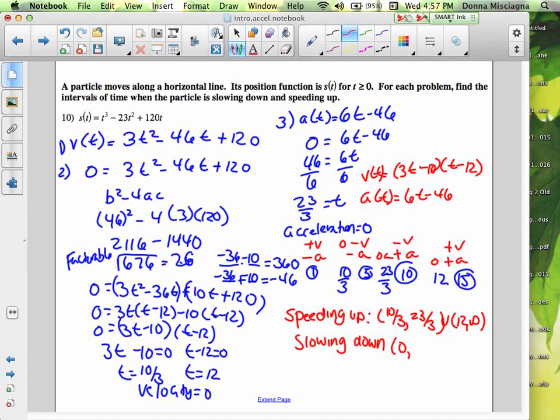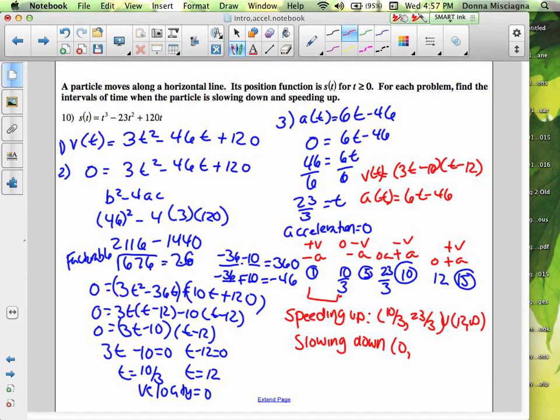So we're slowing down from 0 to 10 thirds, right? The sign here was negative for acceleration, positive for velocity. And then between 10 thirds and 23 thirds, we're speeding up.